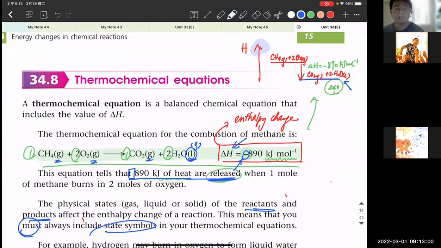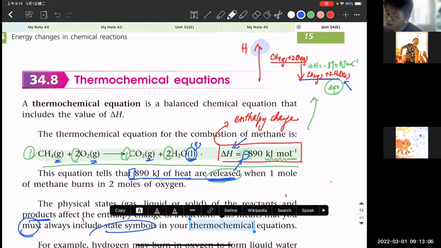Can you guess? If I changed the physical state of water, H2O, from L to G, what will be the change when you talk about this level, the enthalpy level, higher or lower, and this value? When it changes to liquid, the value will be more negative.